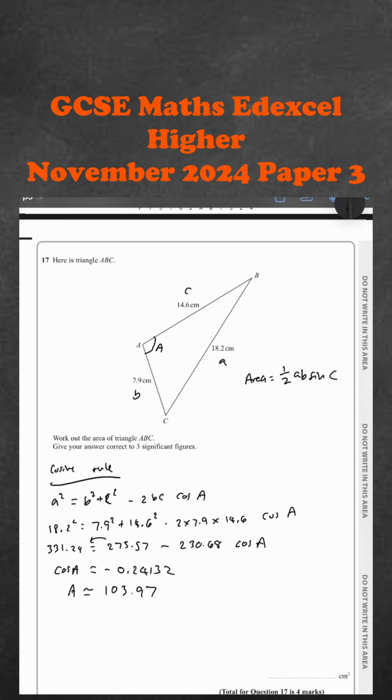Now we can do half ab sine C on these angles. Obviously C is actually A in this scenario and ab is bc, but you get the idea. So we're going to do half times 7.9 times 14.6 times sine of 103.97.